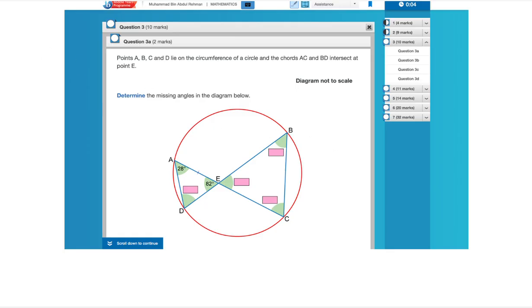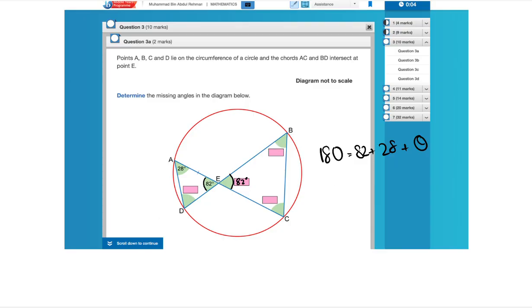Now we know that since this angle is 82 degrees, without a shadow of doubt, this angle should also be 82 degrees. Why? Because they're opposites of each other. Okay? Now, if that angle is 82, we know that the angles should sum to 180. So 180 minus 82 minus 28 gives theta.